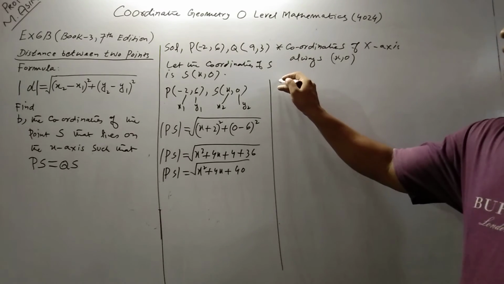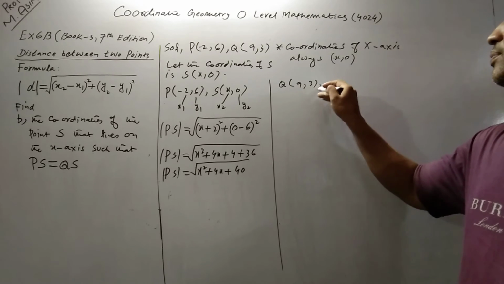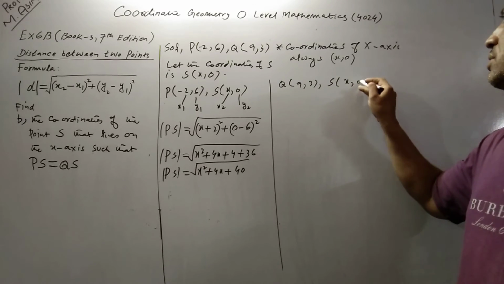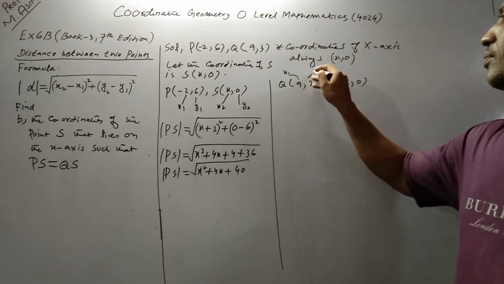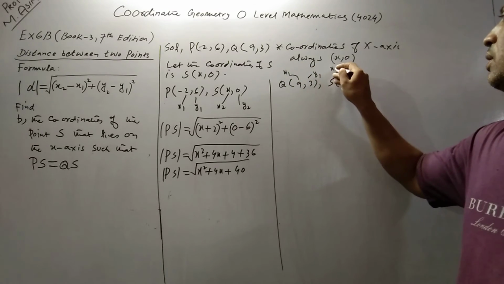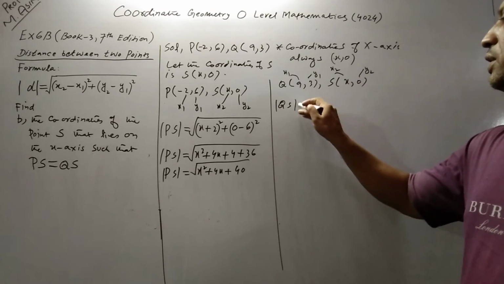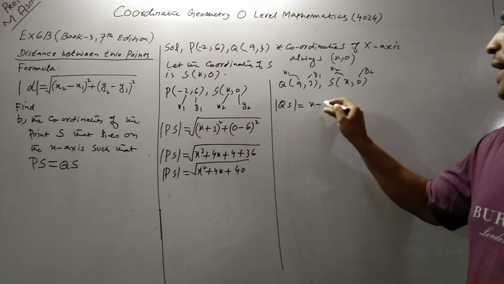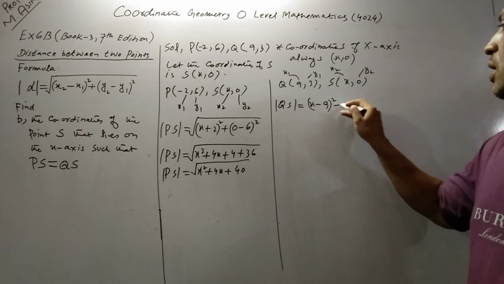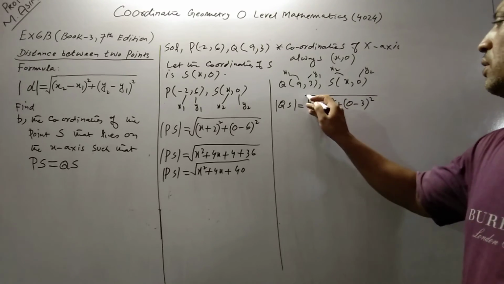Now take Q. Q is 9, 3. S is x, 0. Therefore, this is x1, y1, x2, y2. The distance QS is the square root of (x minus 9) whole square plus (y2 minus y1) whole square.